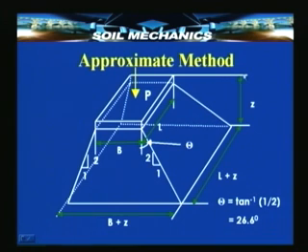Therefore, at depth z, the vertical stress due to the load P will be simply P divided by this area, which is L plus z into B plus z. Now, this angle corresponding to a tangent of 1 upon 2 is nothing but 26.6 degrees, which is approximately 30 degrees. So, in practice, we often assume a distribution of approximately 30 degrees.